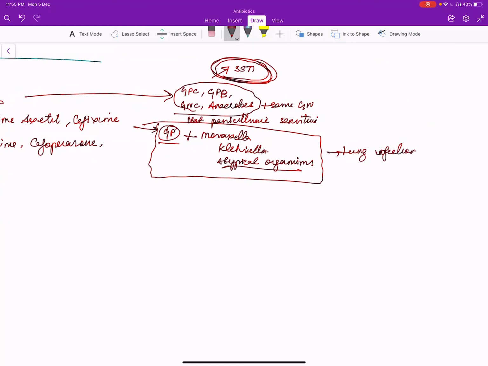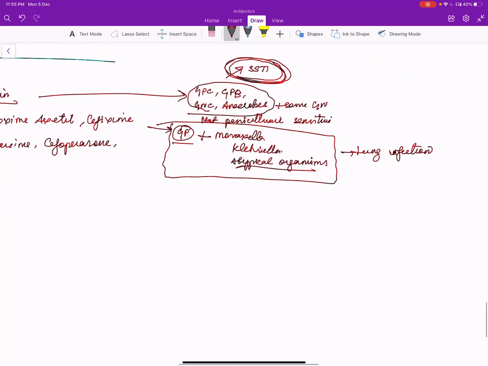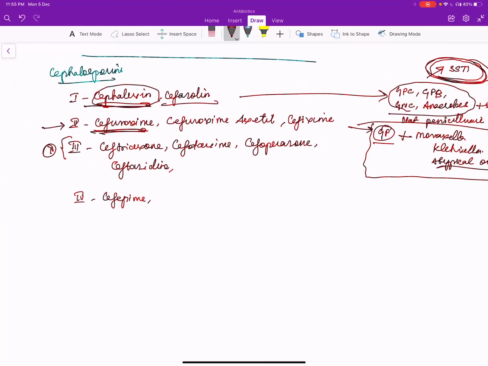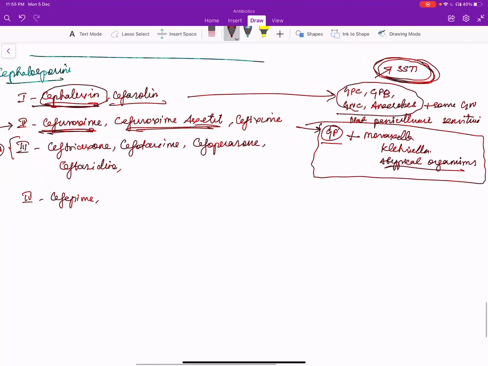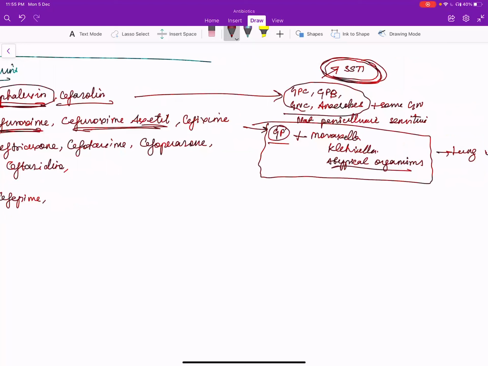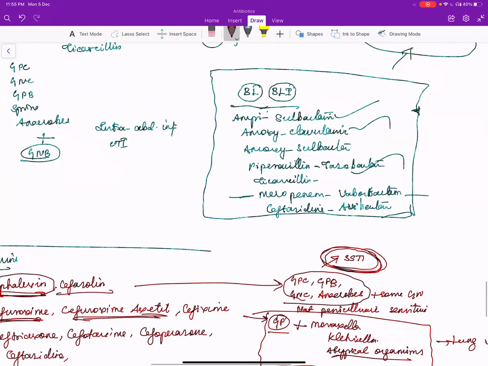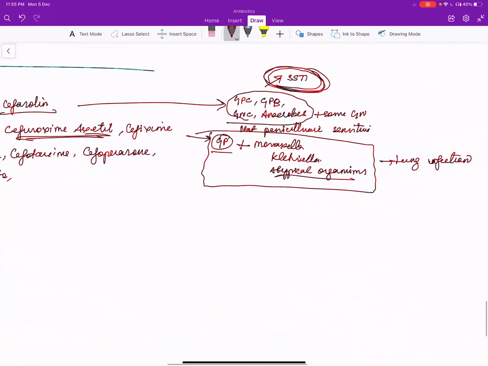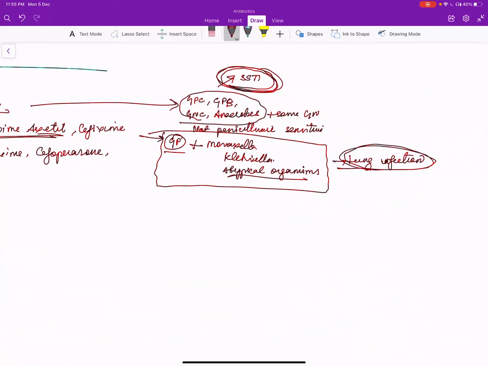Lung infection. Correct. So for second generation, the clinical use, cefuroxime, cefuroxime axetil, it covers gram positive and some gram negative in equal proportion, so it can be used in all syndromes where these can occur, like penicillin. But practically, where it is more used is lung infection, because most of the organisms of lung infection are covered by it.